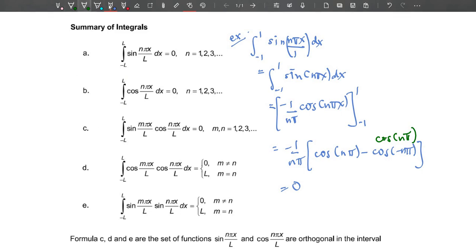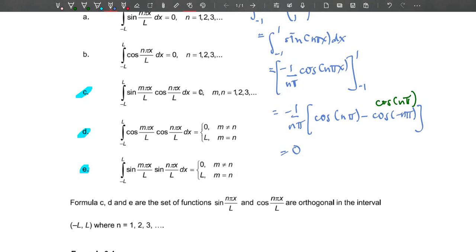The most important part will be for C, D, and E. Right now, we have the integral of sin m pi x over L cos n pi x over L from negative L to L with respect to x, which is also equal to 0, because this is an alternate trigonometric function. You can try it by substituting any values of m and n. You will get the value equal to 0.